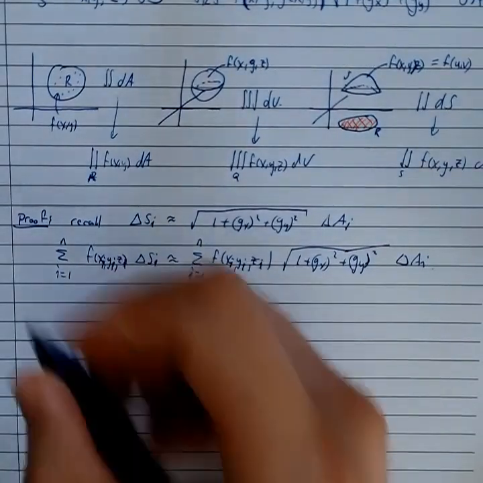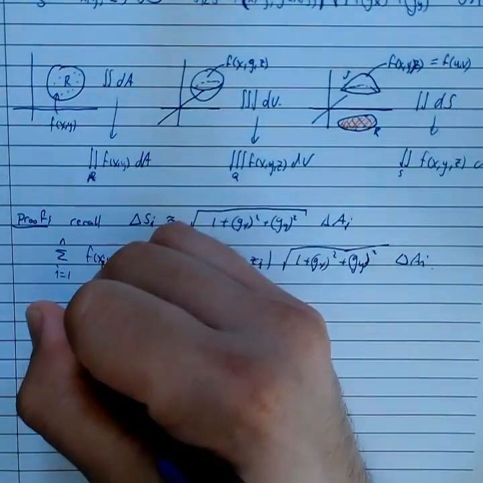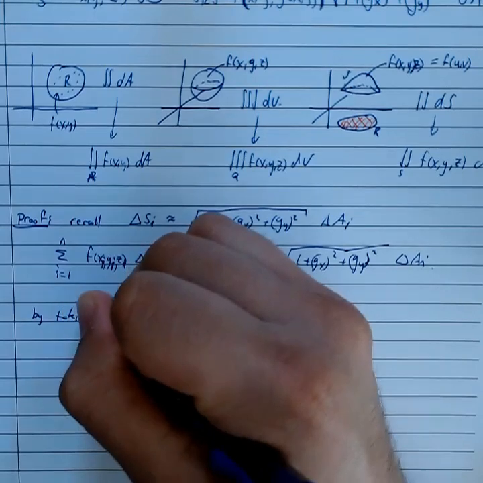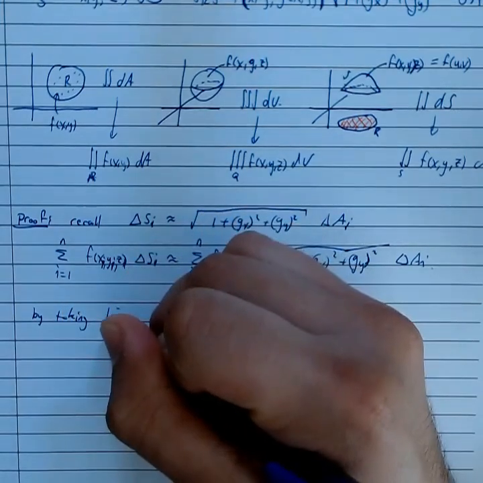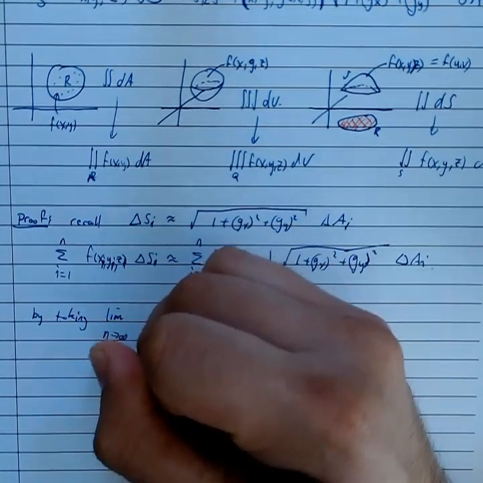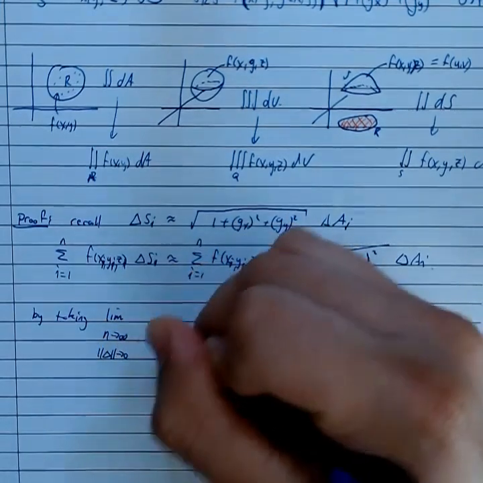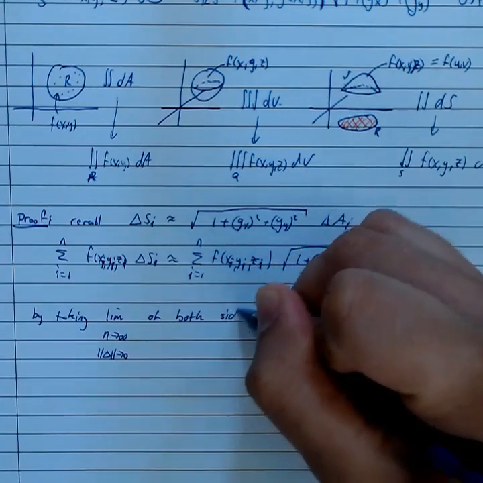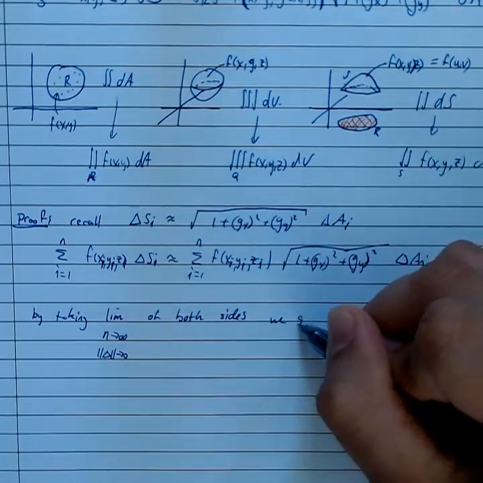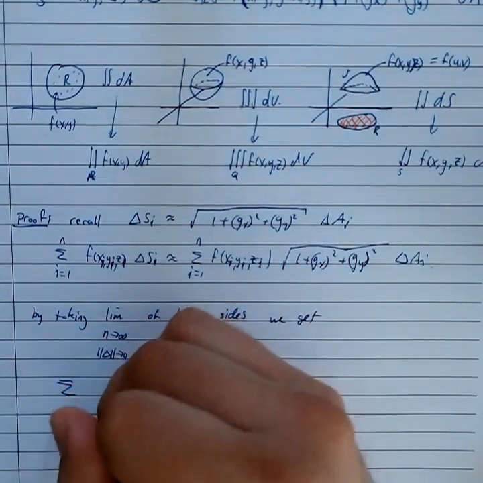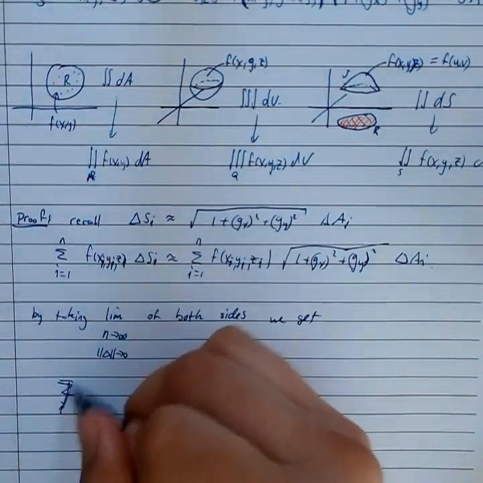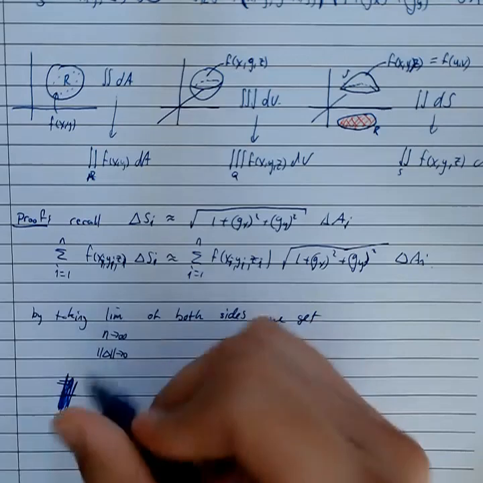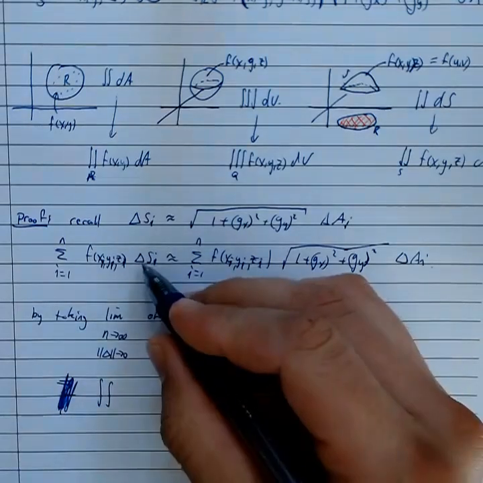Because now if I take the limit of both sides, as n approaches infinity and the norm of our partitions approaches 0, that limit simply becomes an integral over a surface area.